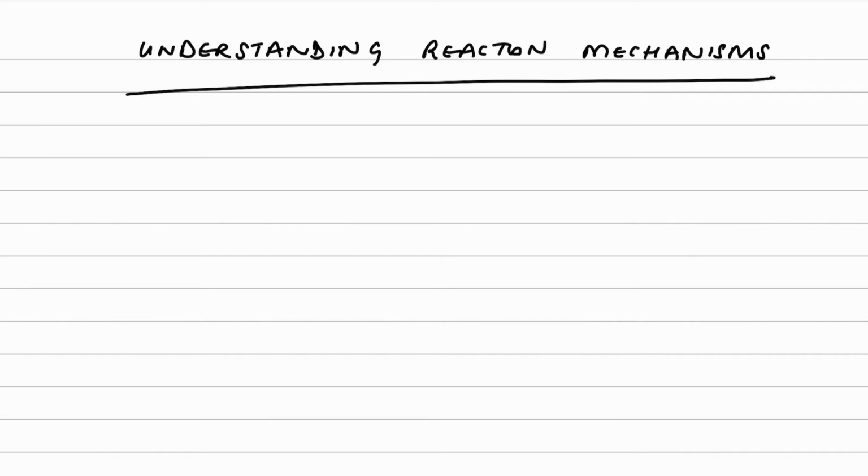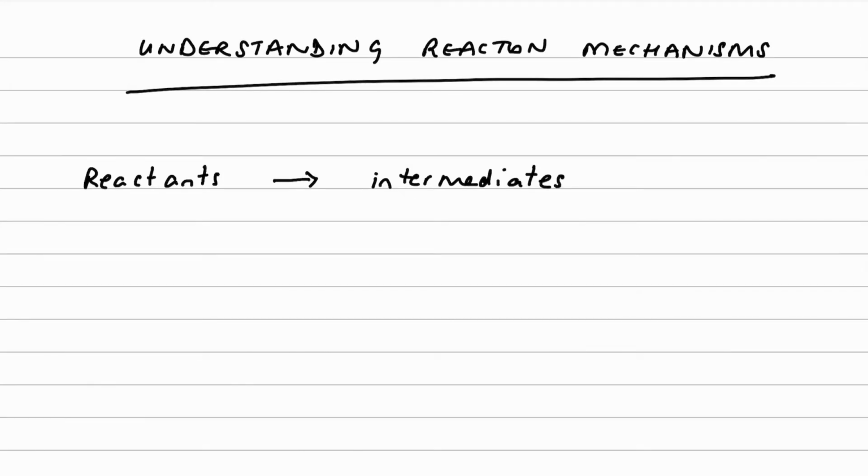Well, most of them take place via a series of steps. We start with our reactants. We form either one or more intermediates, and then they go on to produce our product, and often co-products or byproducts as well.